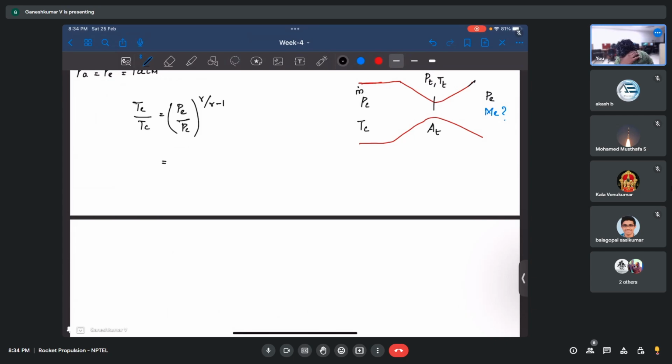How much are you getting? So you can write T 30.24 divided by 0. Shouldn't it be opposite? Right, exit is 1 atmosphere, PC is 35 atmospheres. Yeah, you're right.